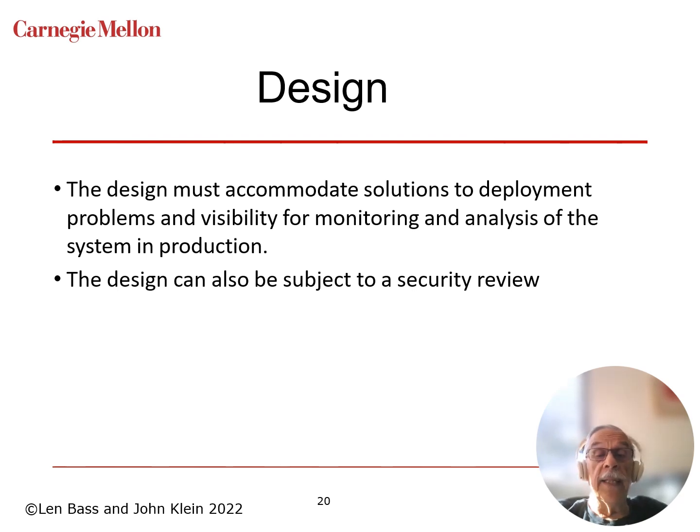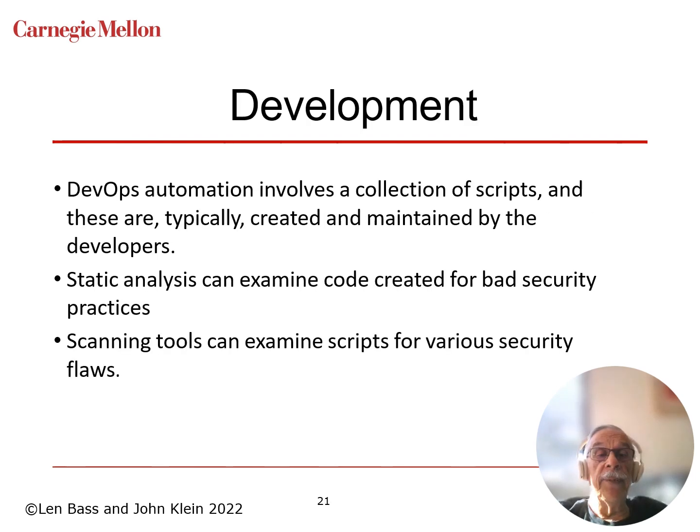The design should be the subject of a security review. So security people will look at the design and say, what kind of attacks are possible? How are you preventing such attacks or repelling such attacks? DevOps automation involves a collection of scripts, and these scripts are typically developed and maintained by the developers.